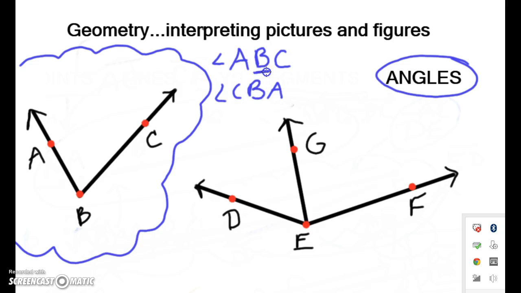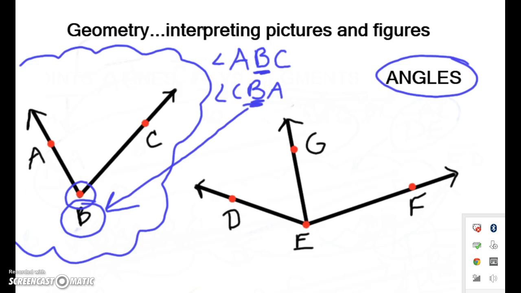But I want you to notice where the letter B is located in each of the names and the picture. Look at that. B is the middle letter. It is at the vertex of the angle. It's where the 2 rays come together. It always has to be in the middle.